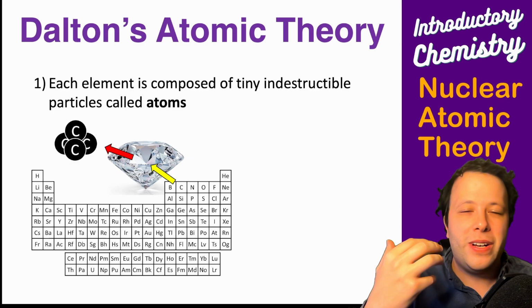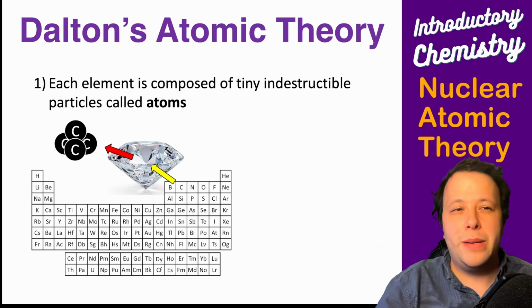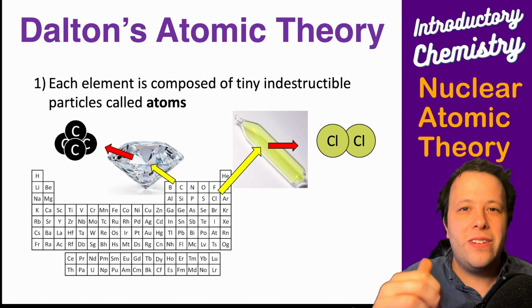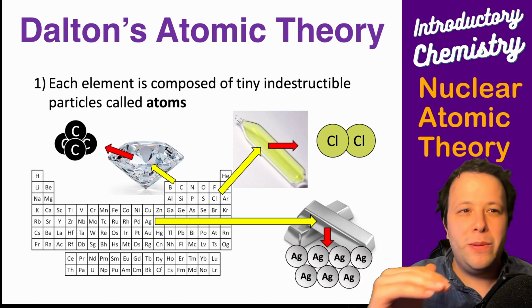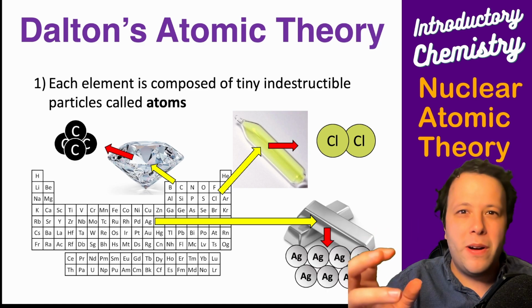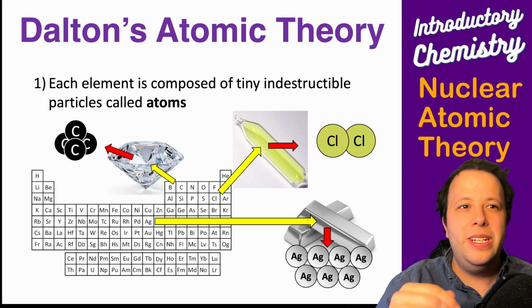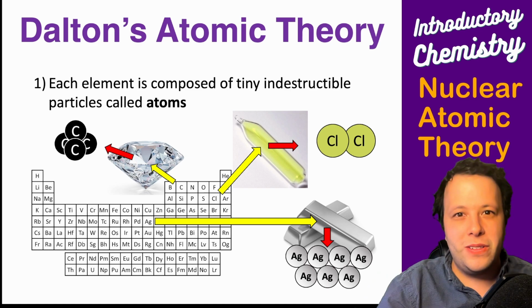For example, if I have a bunch of atoms of carbon all bound together under very high pressure, they can make diamonds. If I have chlorine atoms bound together, they make gases. If I have silver atoms all bound together, they will make metal bars, and they all have their own individual properties because they are made up of that individual particle.